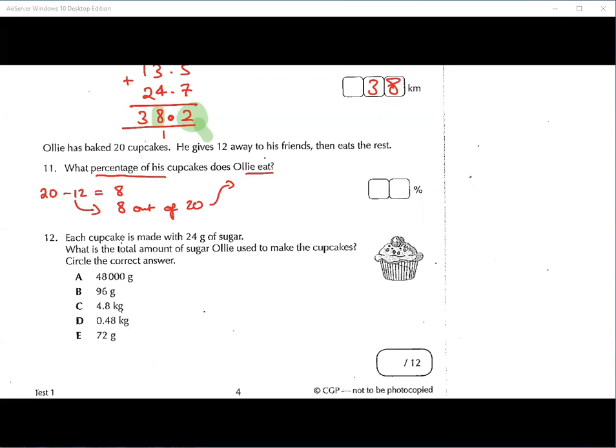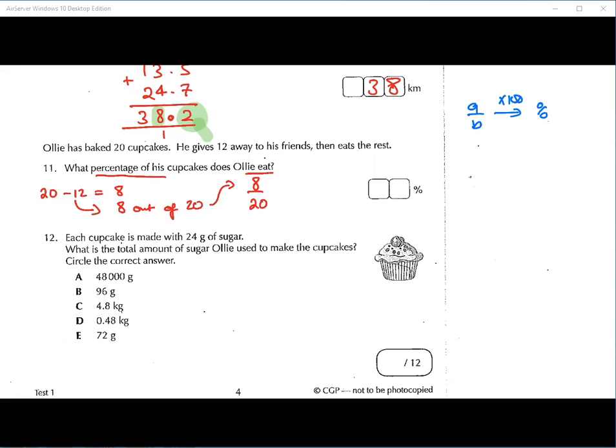8 by 20. So 8 over 20, that's a fraction. How do we change that fraction easily into a percentage? There's a couple of methods. So give me a nice easy one. Divide it. Okay, if you want to change any fraction into a percentage, what do we do? Multiply by 100.